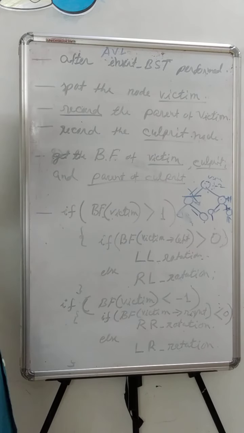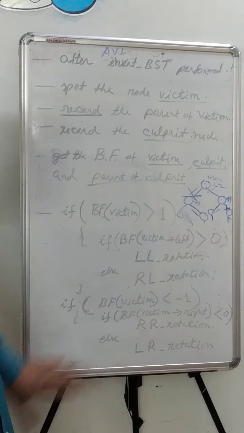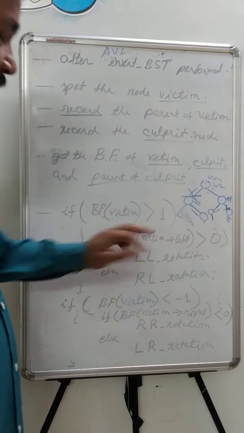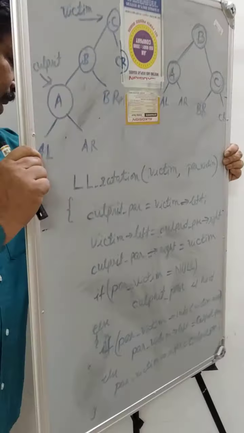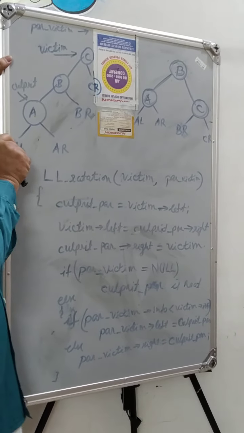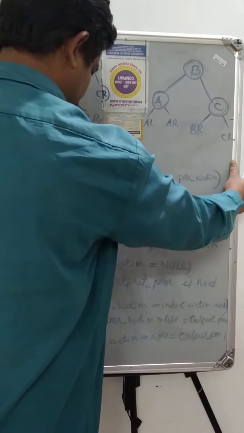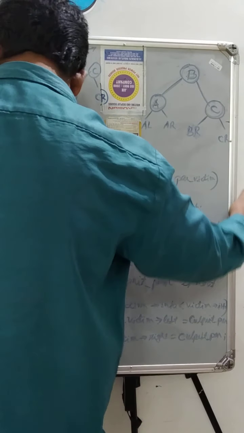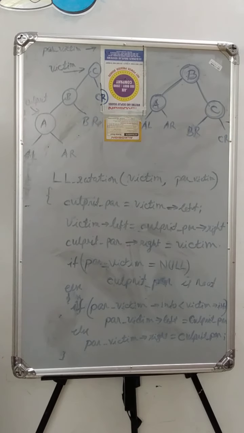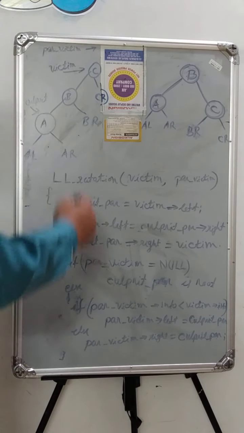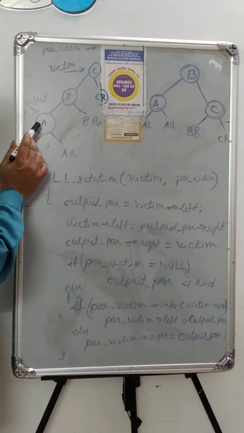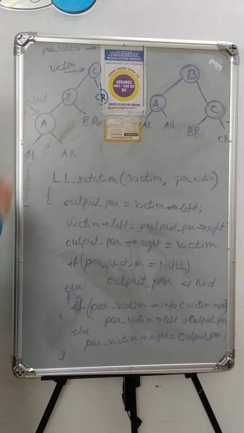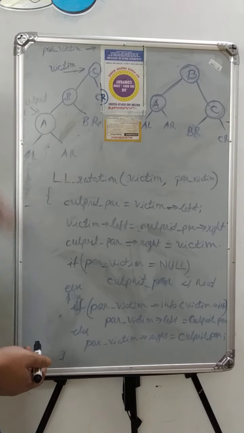Now let us check the operation that will be needed for the LL rotation here first. Let us assume this situation that we have just now inserted the value A to an already existing AVL tree.